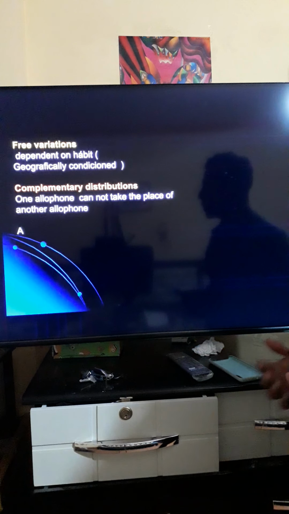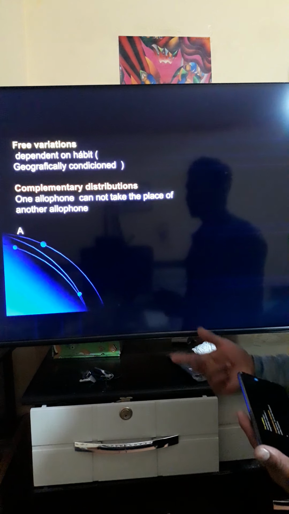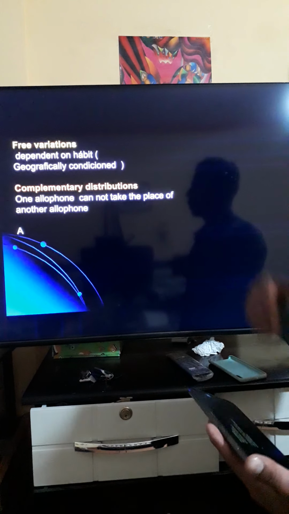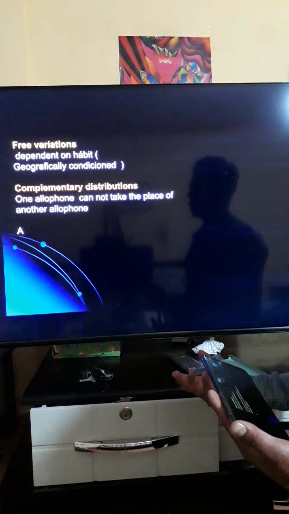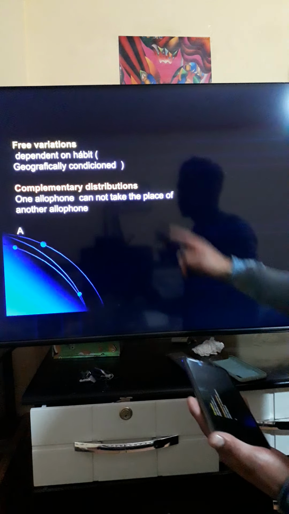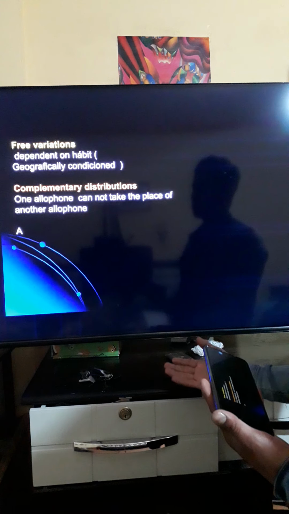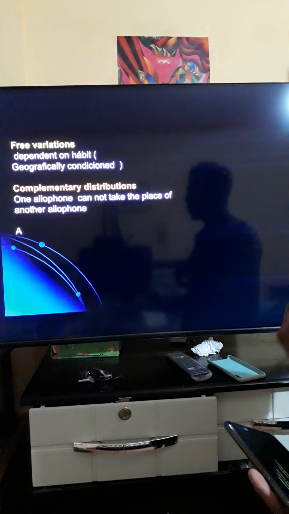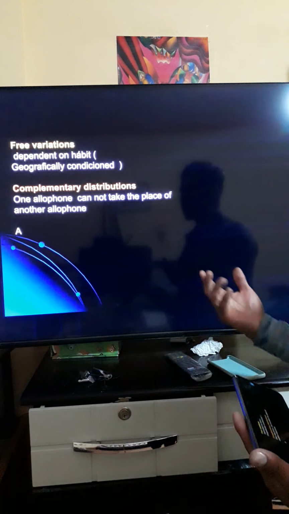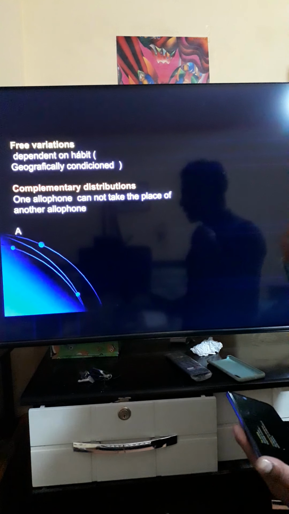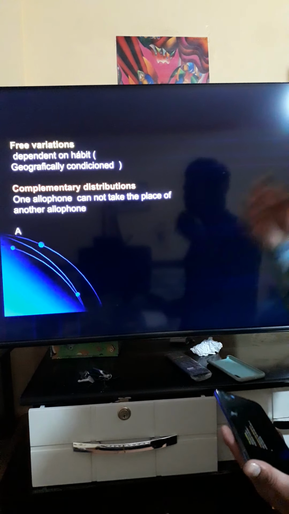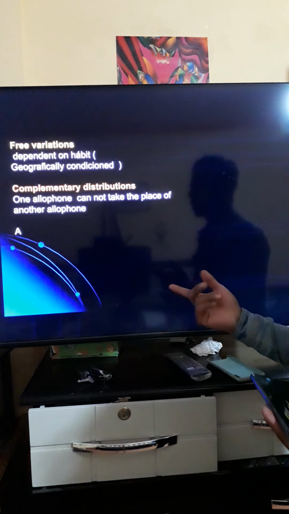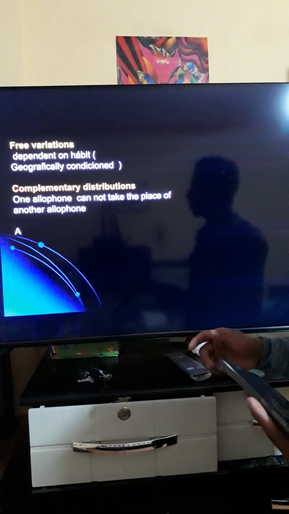Next, free variation is another concept. If we are going to talk about phonology and phonetics, we have to talk about free variation and also complementary distribution. What is free variation? Free variation depends on habits, geography, and conditioning.